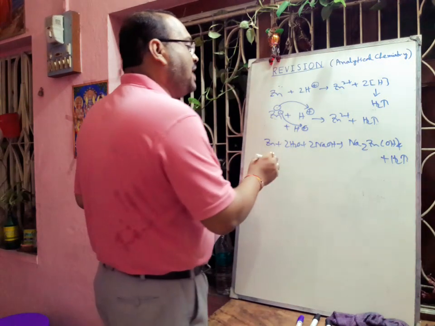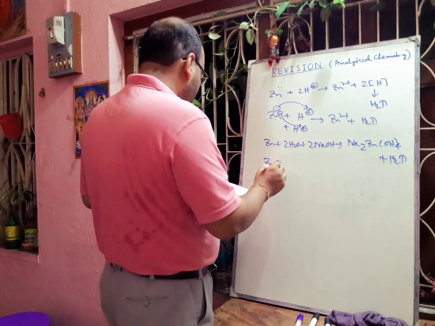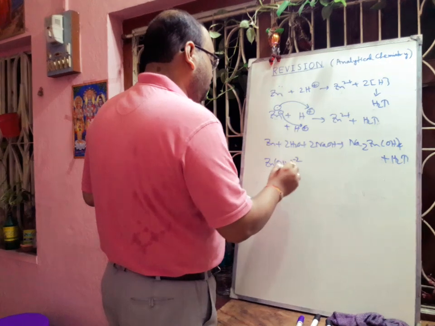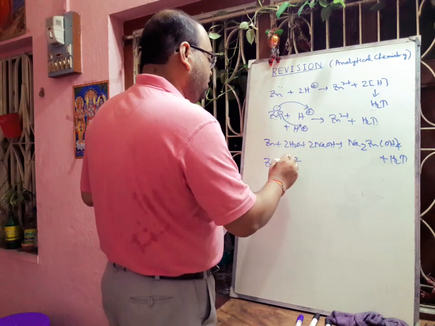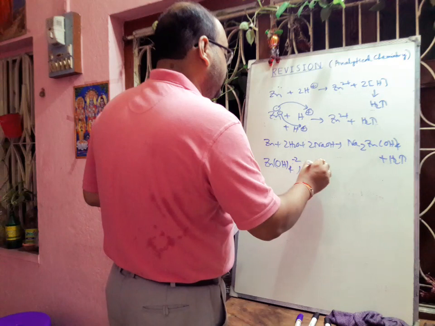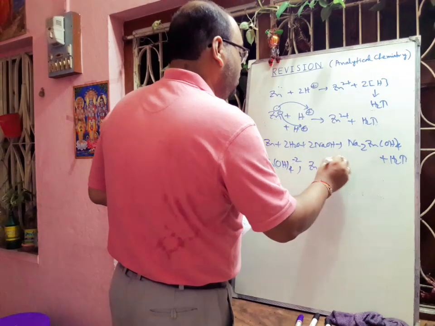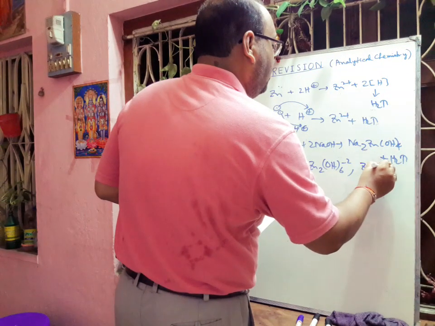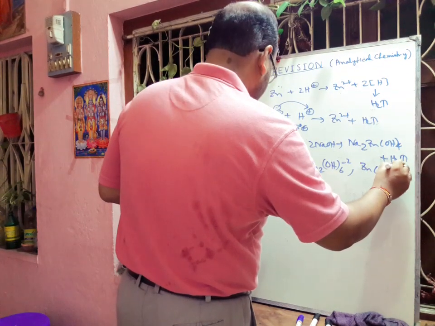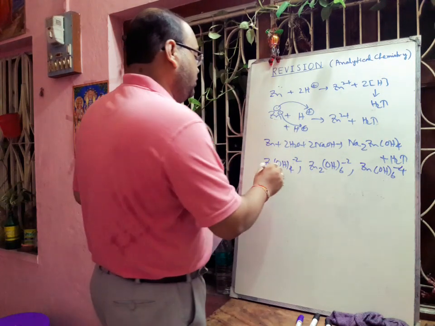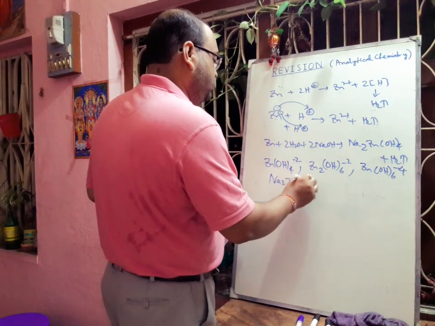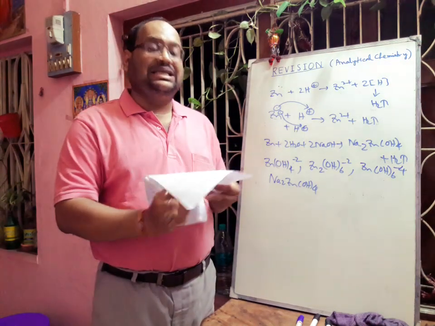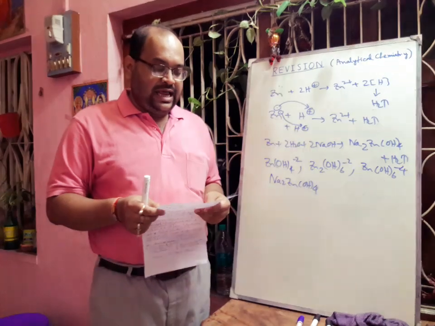There may also be formation of other types of ions, like Zn(OH)4 2 minus, Zn2(OH)6 2 minus, or Zn(OH)6 4 minus, or Na2Zn(OH)4.